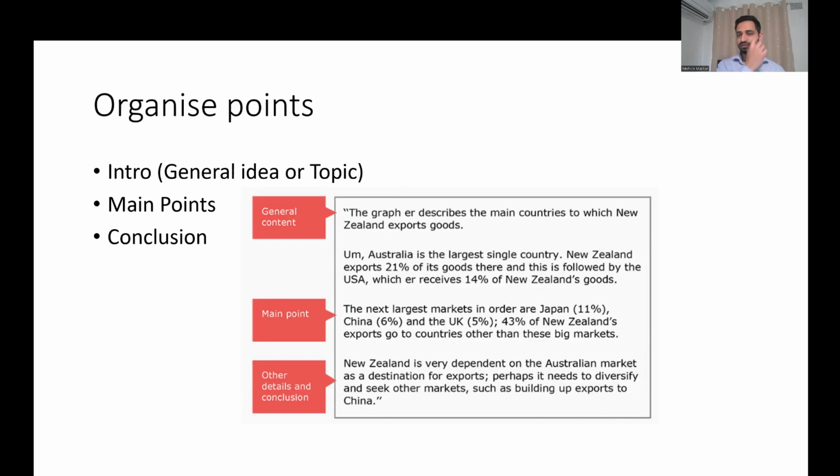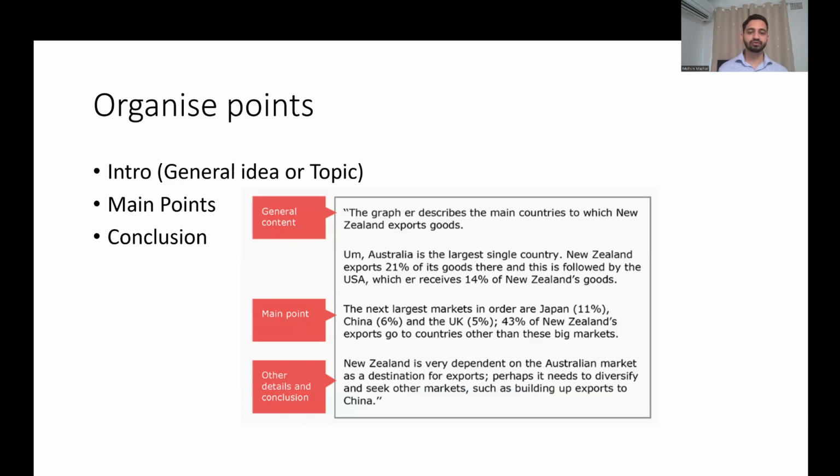Australia, and you want to avoid those fillers, but you will do that with practice. When you're introducing your first topic, you will introduce the topic. The graph describes the main countries to which New Zealand exports goods. Australia is the largest single country.